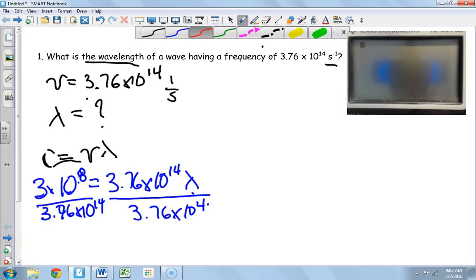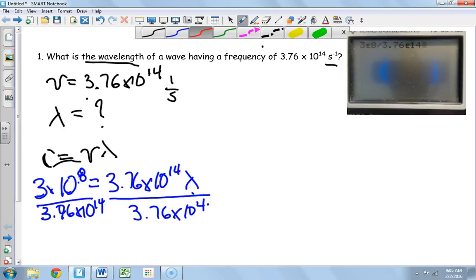When we plug this in, we get 3 E8 divided by 3.76 E14. Now, that's how you would plug it into the calculator.